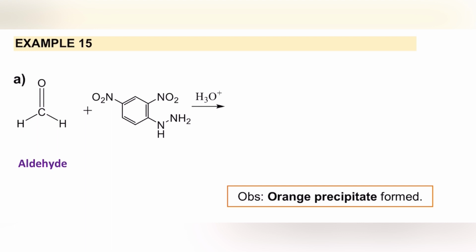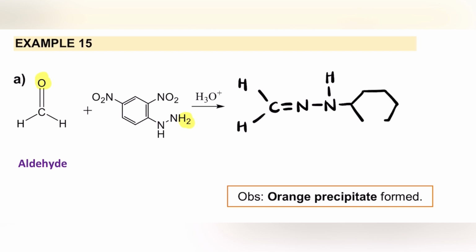Let's try example 15a. As I mentioned before, take out oxygen from the carbonyl carbon and H2 from the hydrazine part, and combine everything, plus water. I start from the carbon, then we have a double bond attached to nitrogen, and on this carbon we have two hydrogens. Then this nitrogen attaches to another nitrogen, which has one hydrogen, and then attaches to the benzene ring, which is our phenyl.